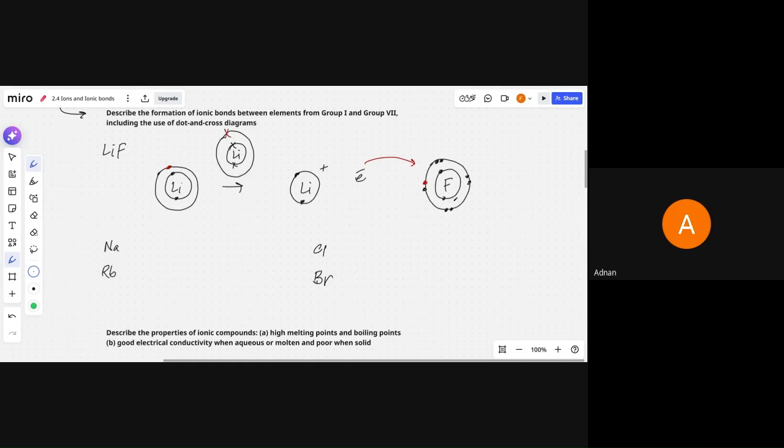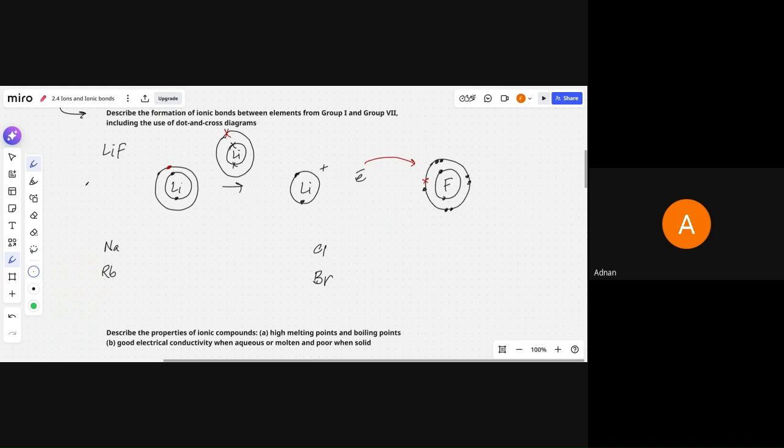And for fluorine, we maintain the dots. I'm going to change this red dot here to a red cross. So this will be a cross, right? This is called a dot and cross diagram.